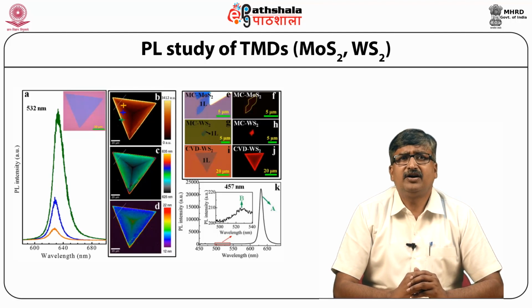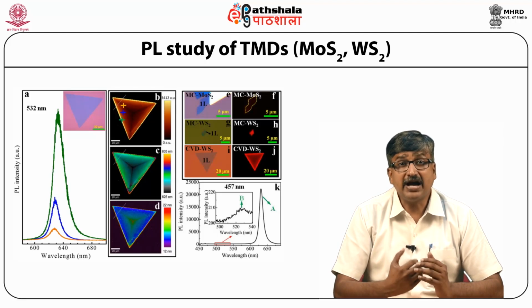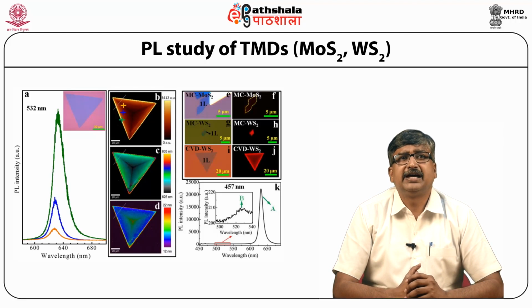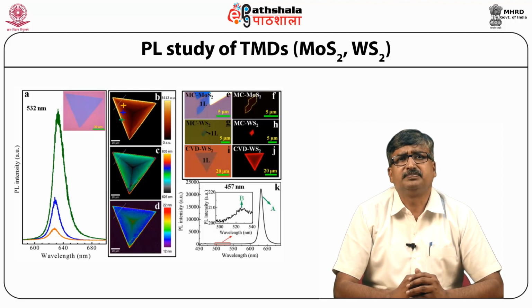The edges of these monolayers exhibit PL signals with extraordinary intensity, around 25 times stronger than the platelet's center. The structure and composition of the platelet edges appear to be critical for the PL enhancement effect.